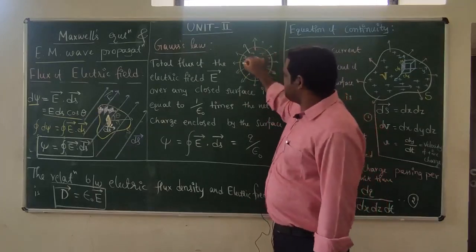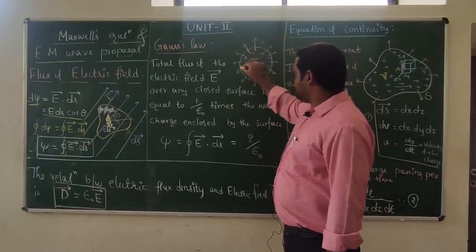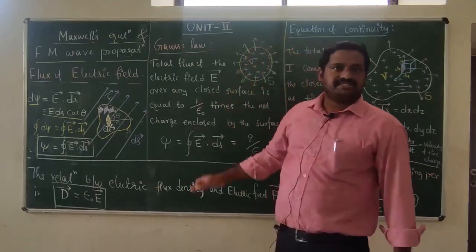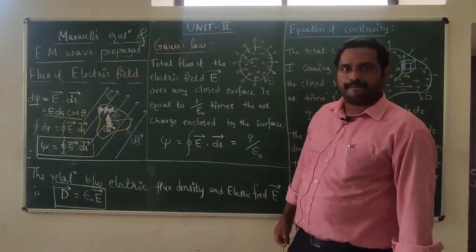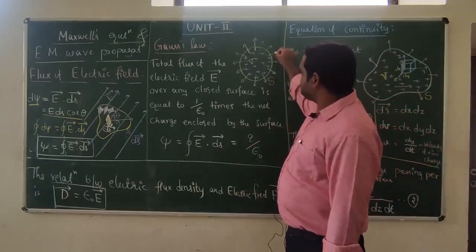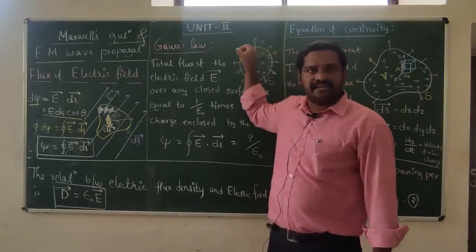If we have a positive charge, then field lines emerge from the point of consideration. Now what about the direction of the field lines? Since the surface is closed, the direction of the field lines is outward.